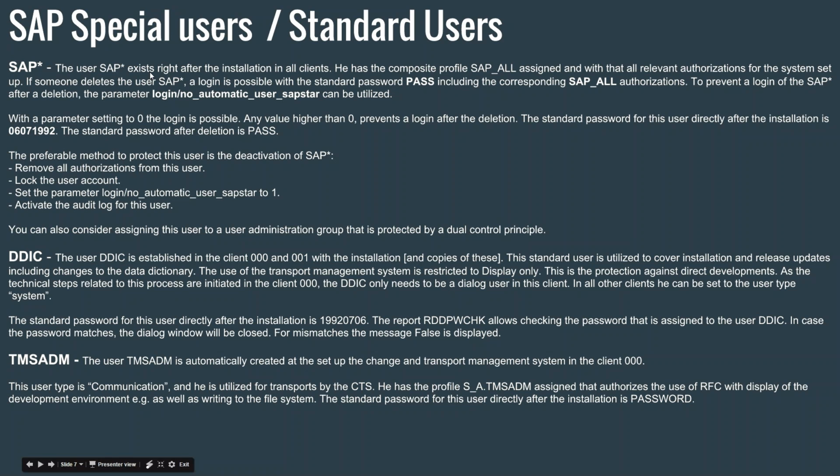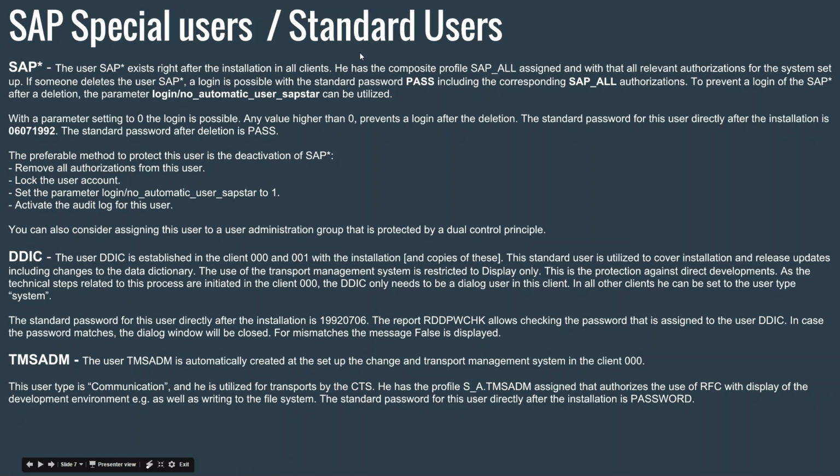So the next user is TMSADM, right? As we can pretty much guess, it is the Transport Management System Administrator. The user TMSADM is automatically created at the setup of the change and transport management system in the client 000, in the golden client.